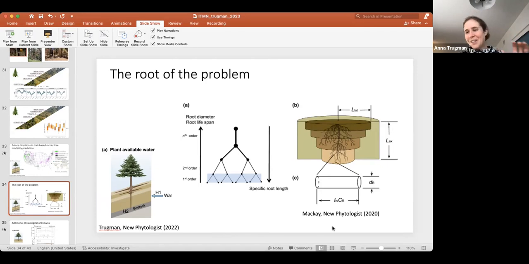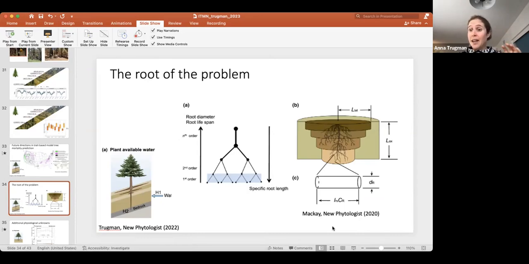And he found this really interesting result that the taproot really needs to have been established prior to the drought event, that the plant doesn't really have enough available carbon to try and deepen its roots during some sort of drought event.